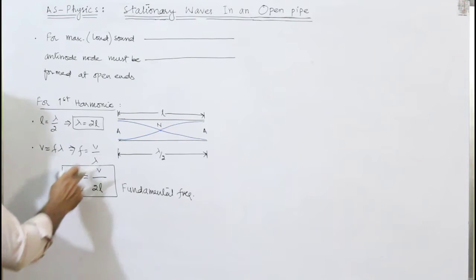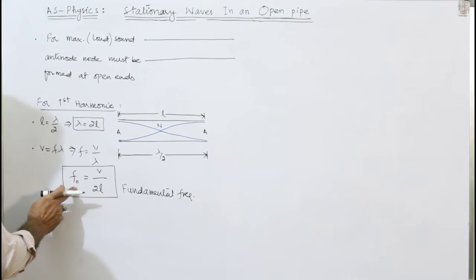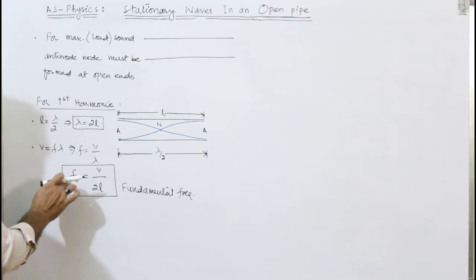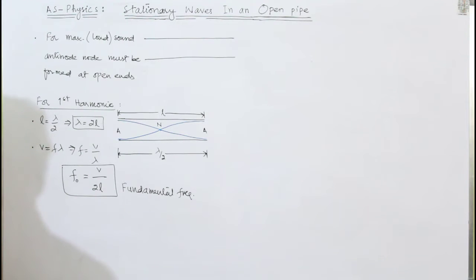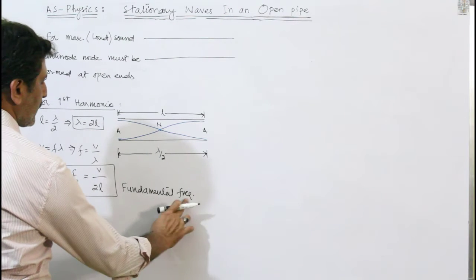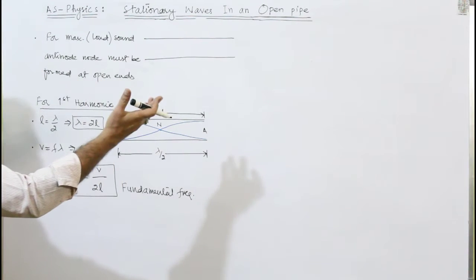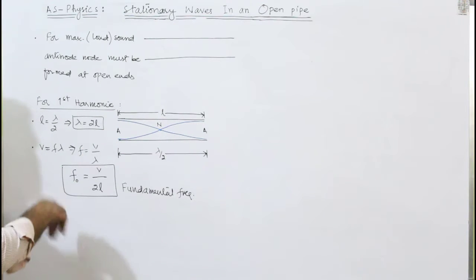We show it by f naught. We cannot hear a loud sound for a value less than this fundamental frequency. So that's why it is called the fundamental frequency, and the other harmonic frequencies will be integral multiples of this fundamental frequency.